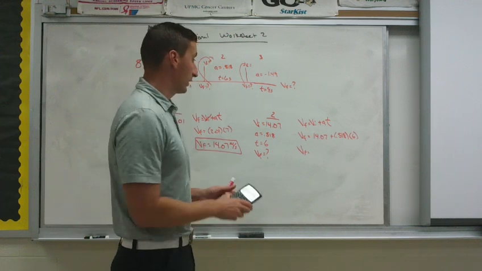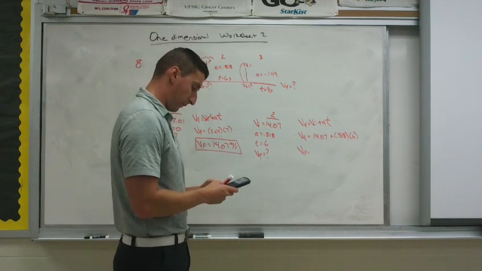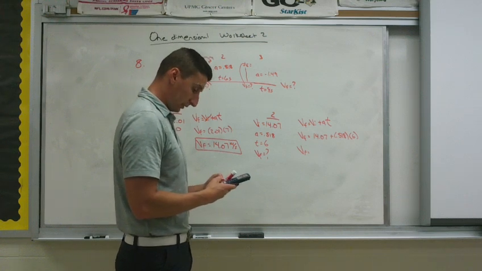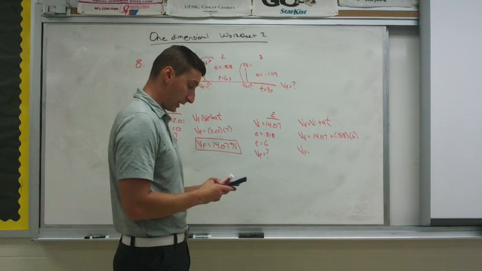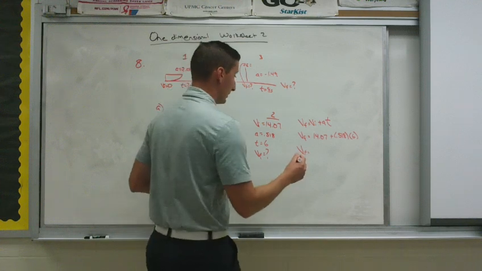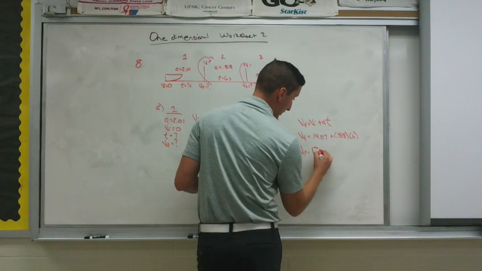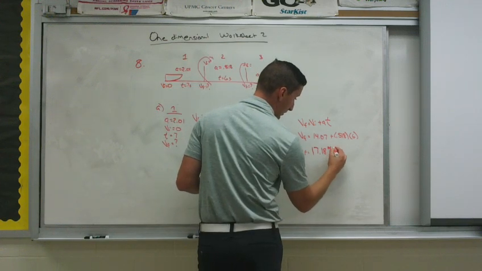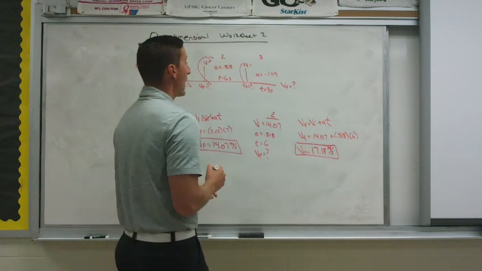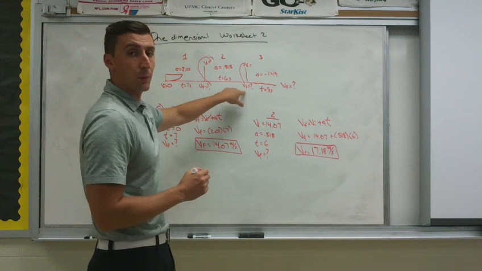In your calculator you're going to do 0.518 times 6 plus 14.07 and get 17.18. Okay? Now, that's the velocity final for part 2.